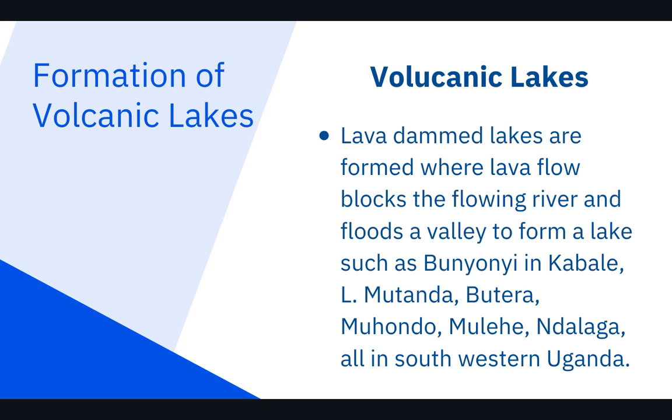Why southwestern Uganda? Because this area received enough occurrence of this process of volcanicity that causes this. So we see blocking of these rivers, causing the river to back up and dam, and as it is damming, it forms what we call a volcanic lake.